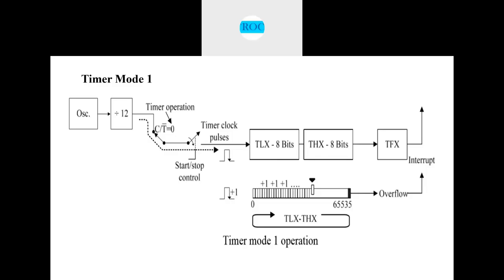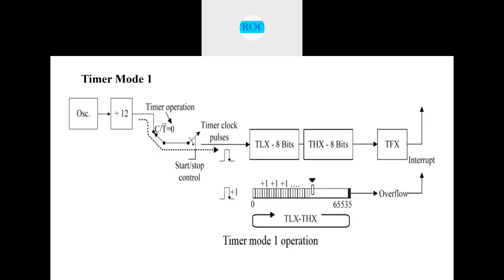We know that each of these two registers is 8 bits. The TLX is 8 bits, the THX is also 8 bits. Now for each clock pulse it receives, the timer will increment the count.